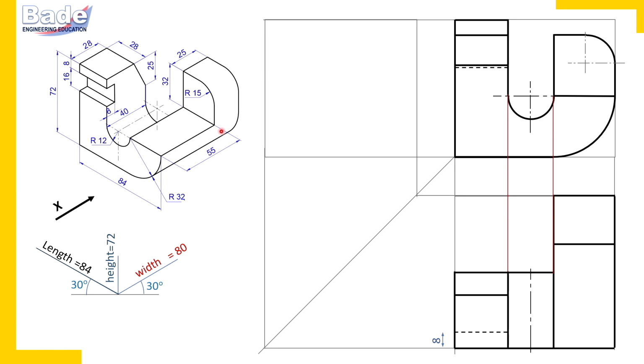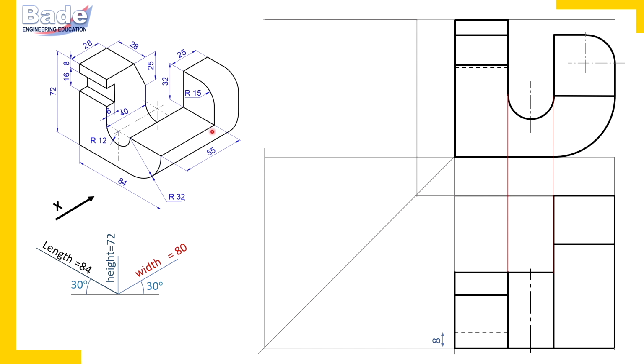What is the height of this surface? From top to bottom, this entire curved surface we are talking about, the height is 32 plus 32, 64 millimeters. So from bottom, you should measure 64 millimeters, or you can simply draw projectors.